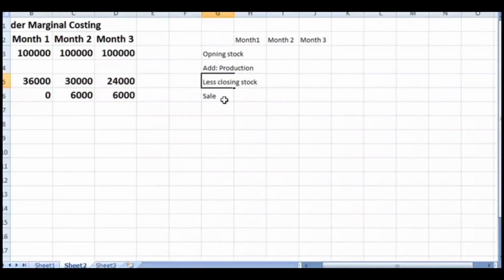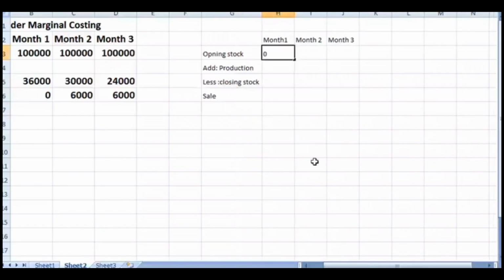Now understand, here opening stock is given as 0, here 2,000 is given, and here 2,000 is given. Production is given here: 12,000, 10,000 and 8,000.